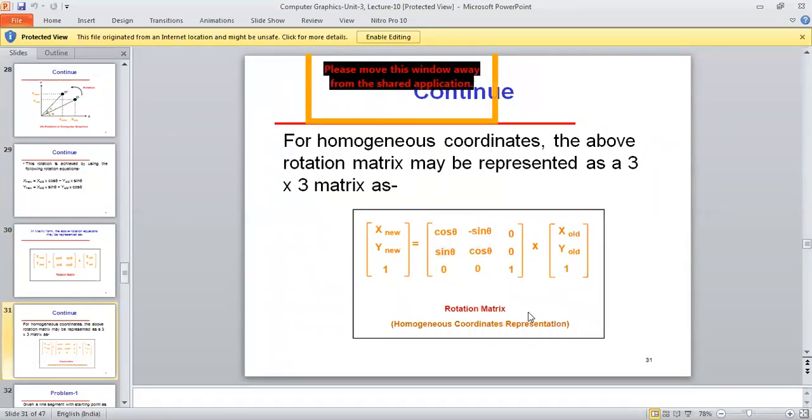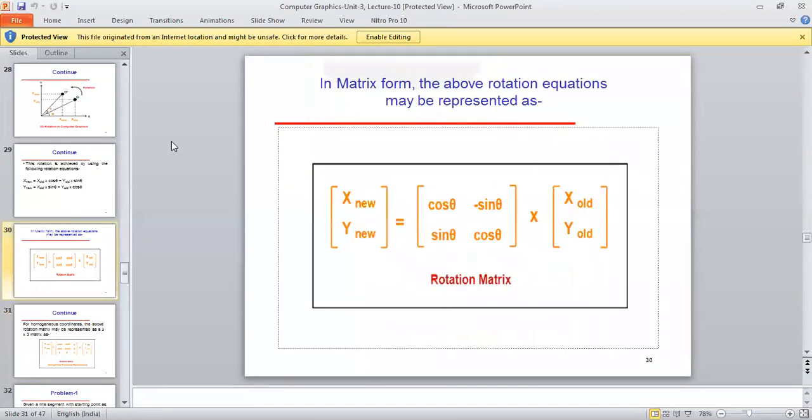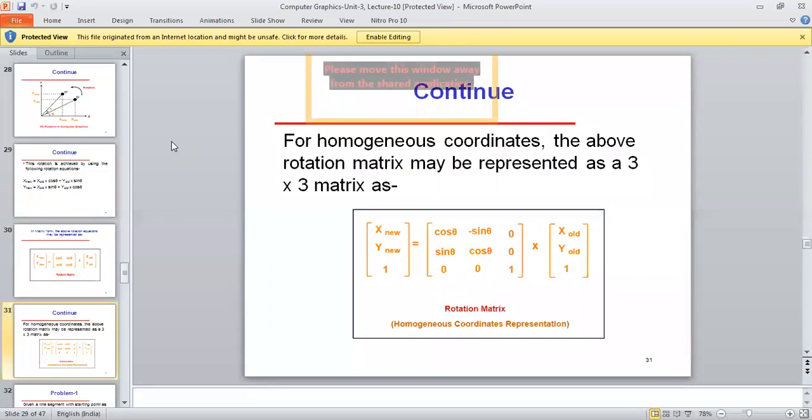So this is the rotation matrix representation in homogeneous coordinates. We will always represent it in 3 by 3 form. This is called the 3 by 3 matrix. We will get the same answer if we calculate by using these equations or with the help of the matrix. You will get the same new points.